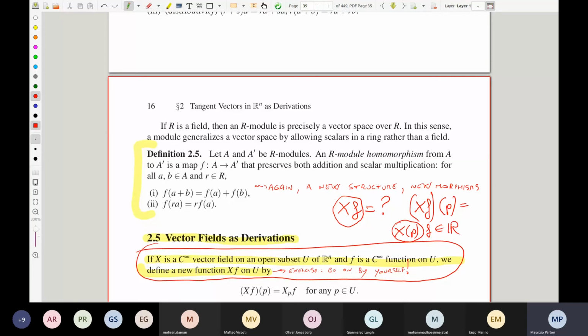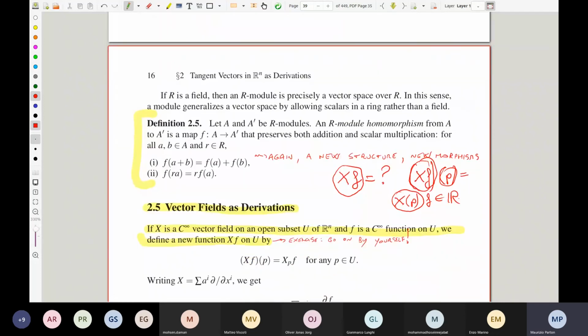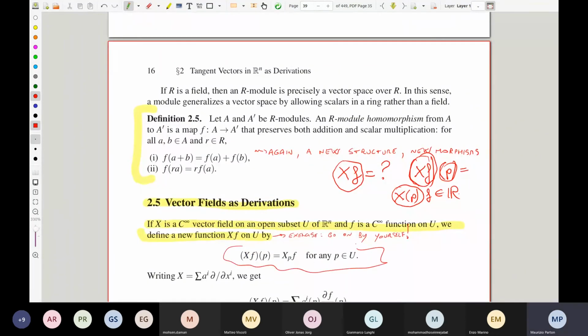But what was I looking for? I was looking for a function. And I put in a point, and I obtain a number. This is a function, right? Okay, so this is the answer. And this is just this definition. What I want to say with this is that this seems a huge amount of notions.